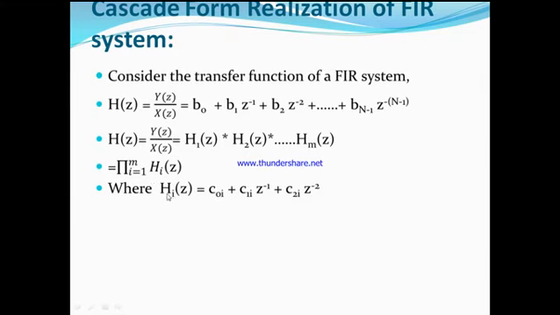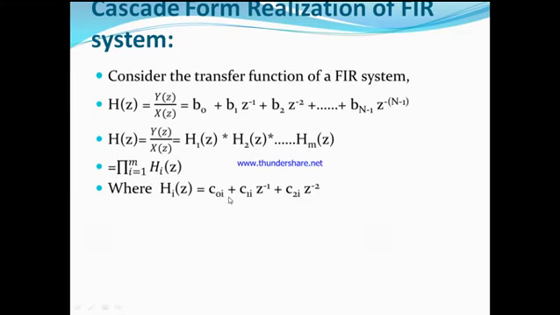Next we know that Hi of z equals c0i plus c1i z power minus 1 plus c2i z power minus 2. So once again, for the cascade realization of FIR filter, first you have to write the transfer function. Next the transfer function can be factorized into first and second order polynomials. Next we are going to implement this transfer function in a structure.